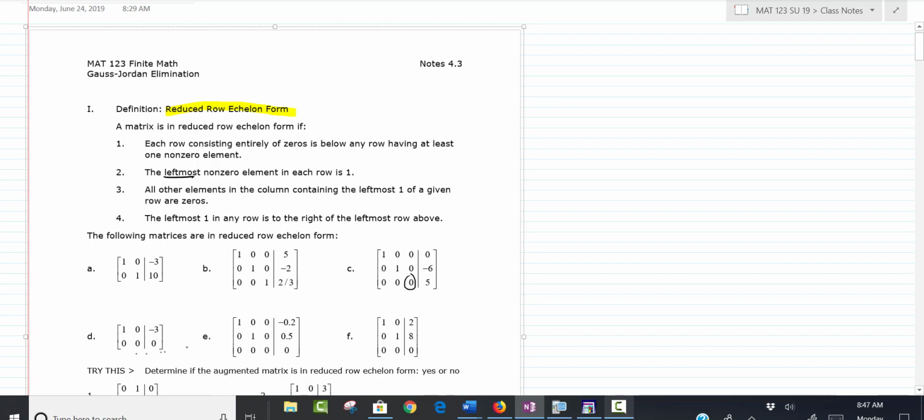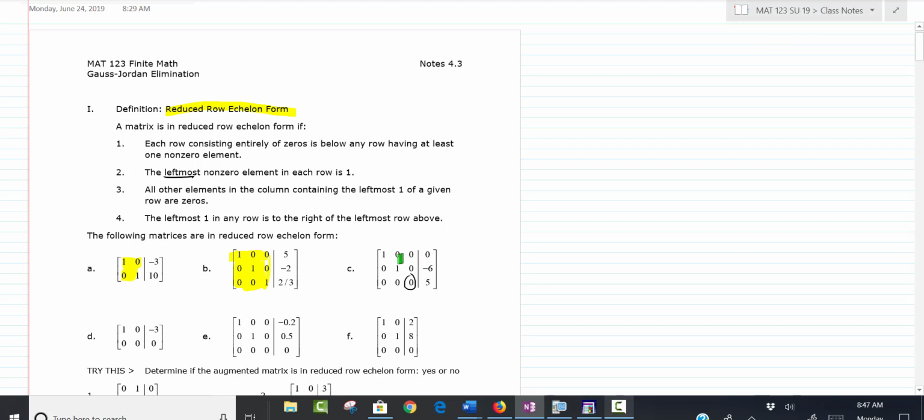And so you can end up having a row of zeros like that. Same thing here. This is just for 3 equations. You can have a row of zeros like that. All of those things are what we would call reduced row echelon form. The most common thing that you're going to see is this situation there.